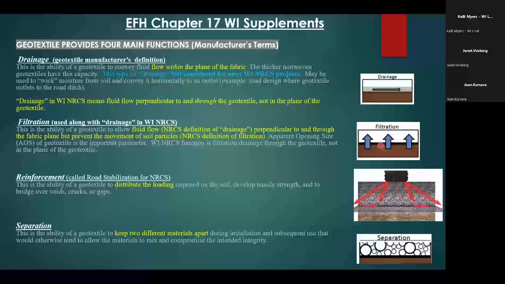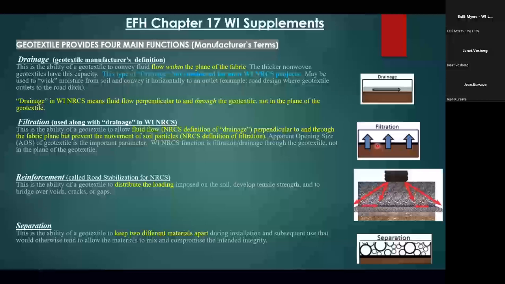You want fluid to go through it, but you want this geotextile to hold this soil in place so it's not migrating up, or vice versa, whatever is here is migrating down into the soil. So that's holding soil in place, but allowing water to go through. That's basically the crux of filtration. And here at NRCS, we use filtration and drainage in combination with each other because of the nature of our projects.